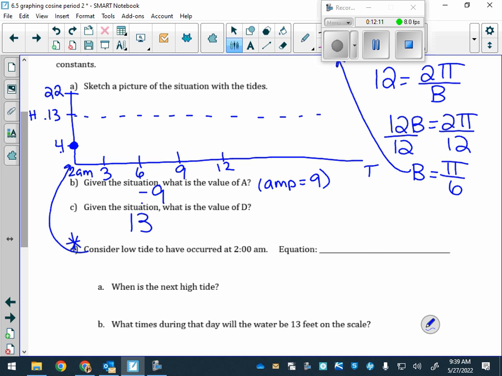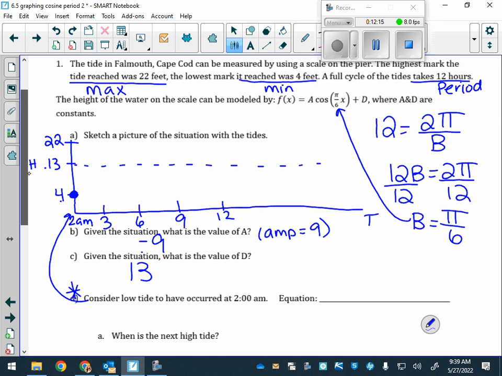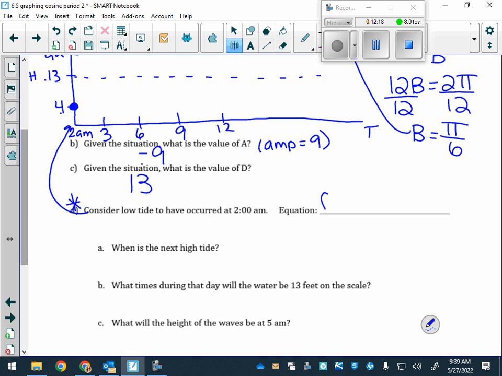Okay? So now we're going to fill in our equation. Okay? So we have f of x equals negative 9 cosine pi over 6x plus 13.